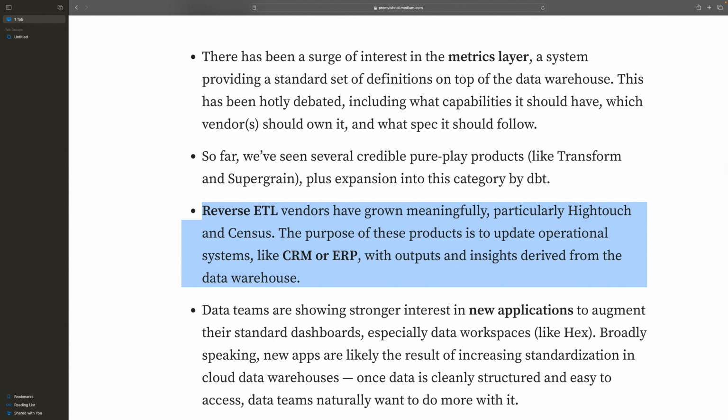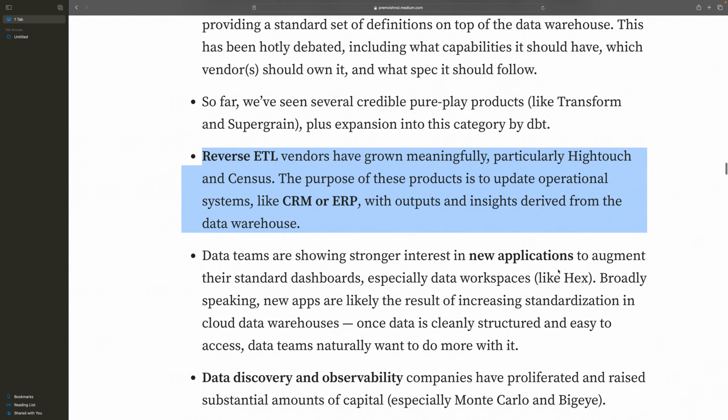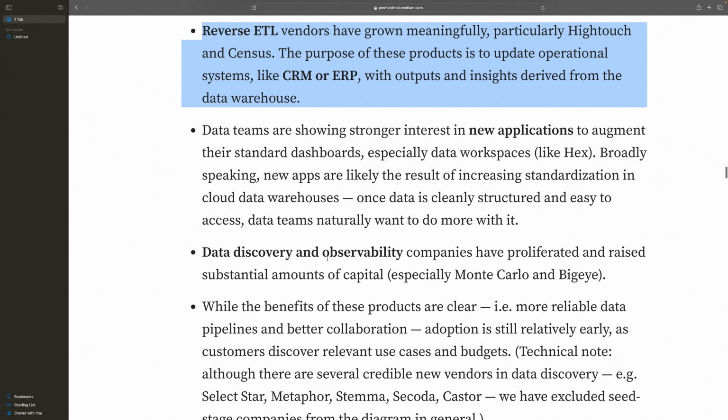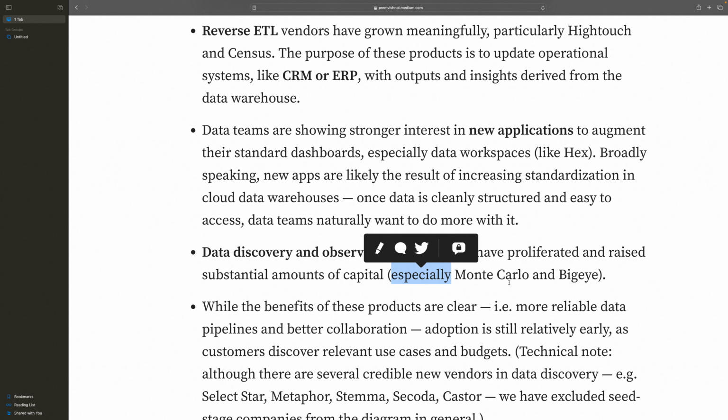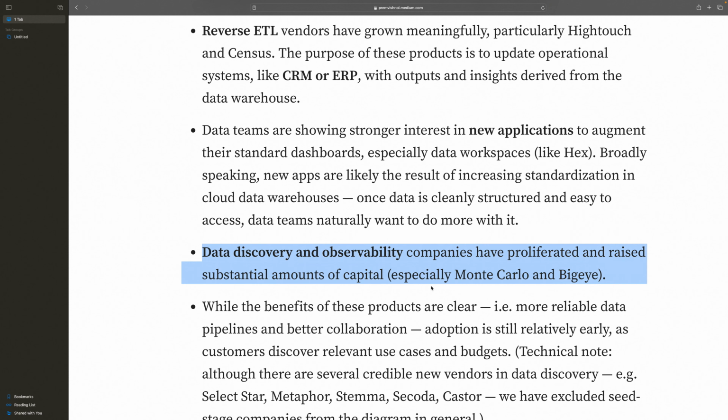Reverse ETL: data teams are showing stronger interest in new applications. Data discoverability and observability companies have raised a substantial amount of capital, like Monte Carlo and Bigeye. So this is the new thing.